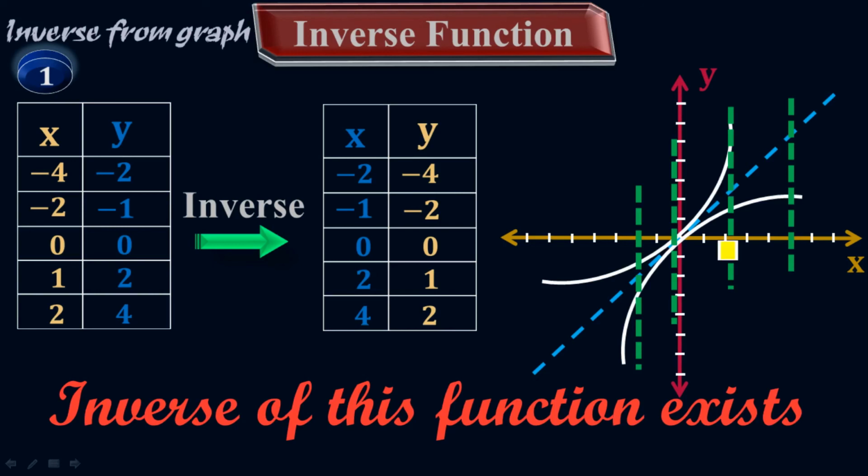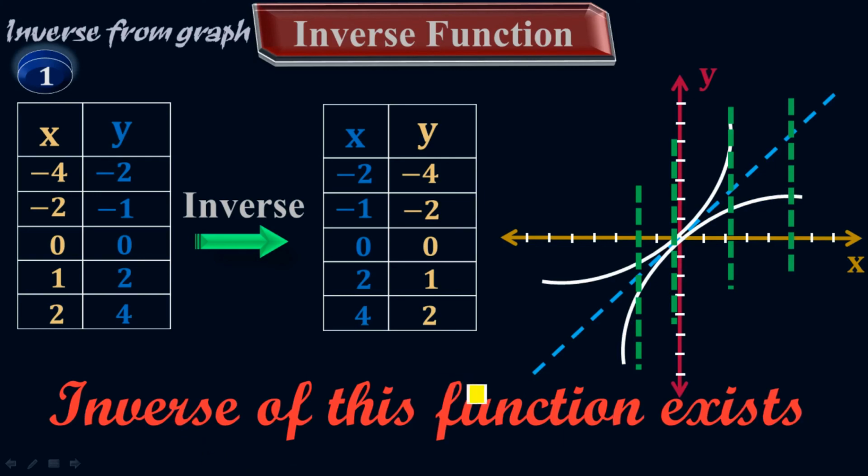But the inverse function is a proper function. The inverse function, to be a function, must satisfy the vertical line test, as I have it here. After inversing, if this inverse graph satisfies the vertical line test, then I can say that this is called the inverse function. In simple words, I can write that the inverse of this function exists.